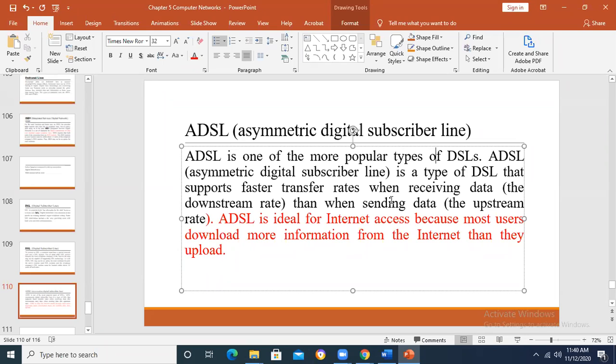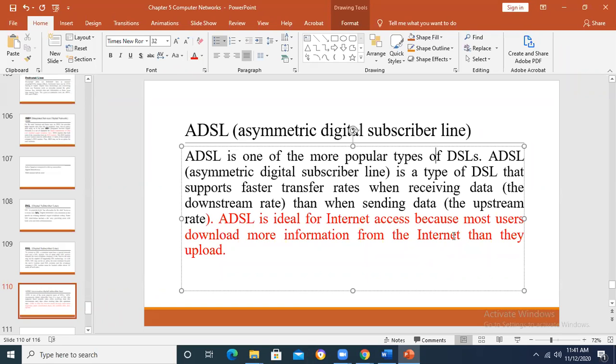Because normally people, 90%, 80%, are interested in downloading data from a remote computer to their computer, not uploading data from their computer to any other computer. Normally it happens. So that's why DSL gave this feature to us, that there will be better transmission speed when you are downstreaming.